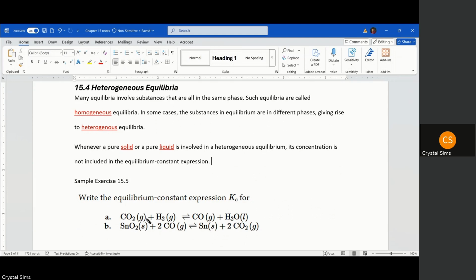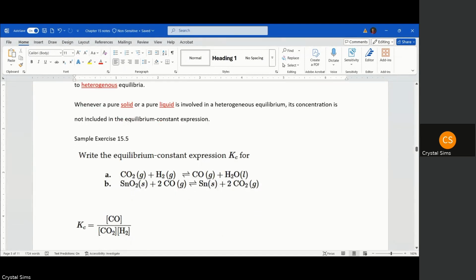When we look at our second reaction, we see two solids. We have tin 4 oxide here as a reactant, and then solid tin metal here as a product. Those are also going to be omitted from our overall expression.